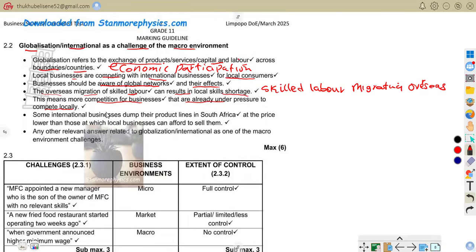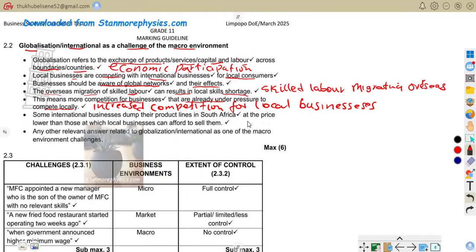Here we are talking about increased competition for local businesses.